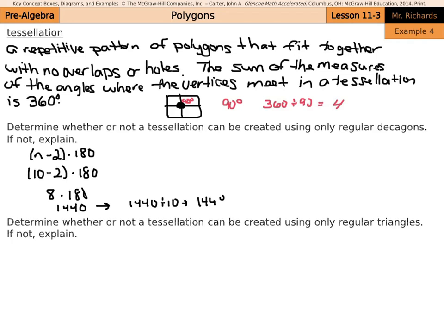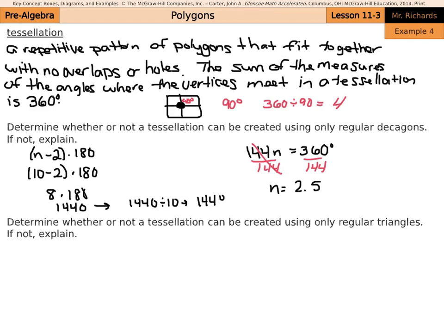So basically then, 144 times n needs to equal 360 degrees. And when I divide by the 144 on both sides, my result is 2 5/10. So this indicates that it is not divisible.